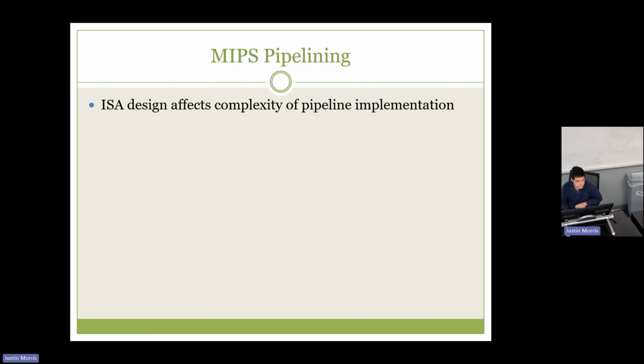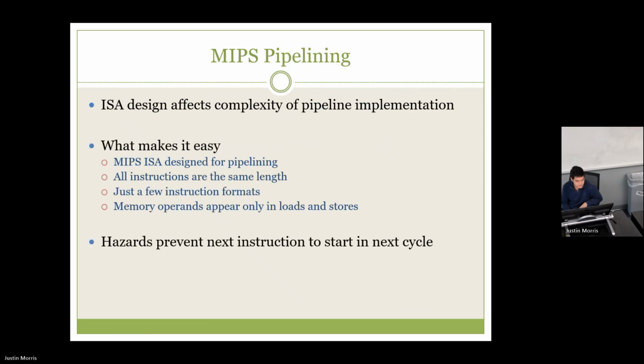So for pipelining, the ISA design is going to affect the complexity of the pipeline implementation, right? So if my ISA says I need to implement floating point multiplication, floating point addition, my pipeline is going to be more complicated. And then what makes it easy?